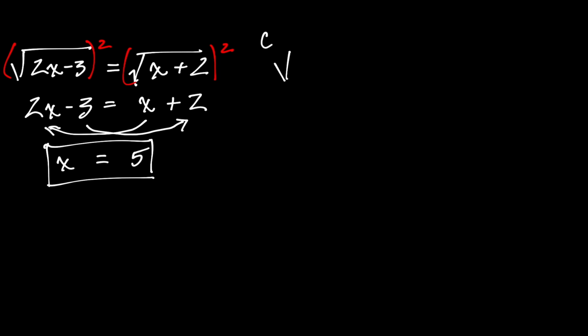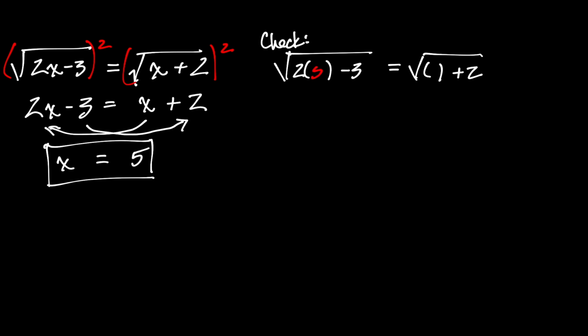So here's our check. I don't always write check in, but let's call this a check. The square root of 2x minus 3 equals the square root of x plus 2. So let's substitute: the square root of 2 times 5 minus 3. Is that equal to the square root of 5 plus 2?